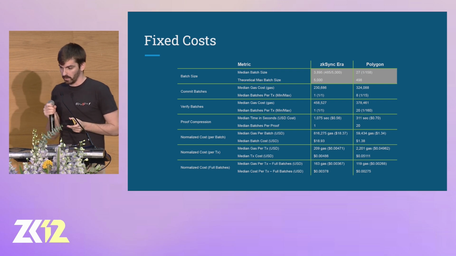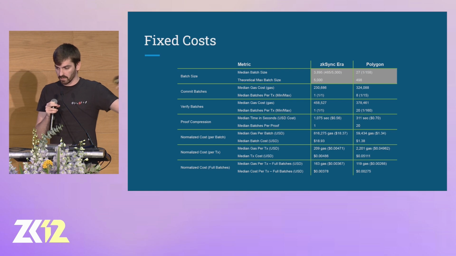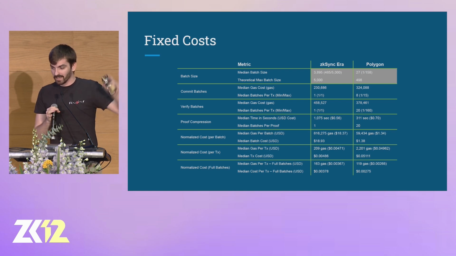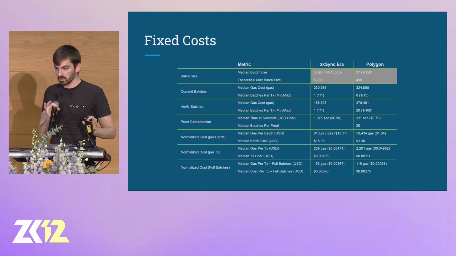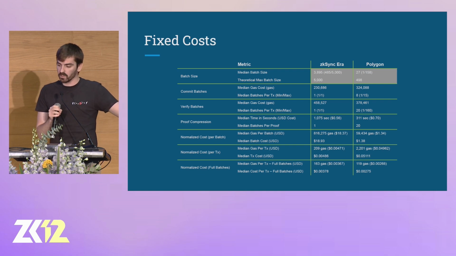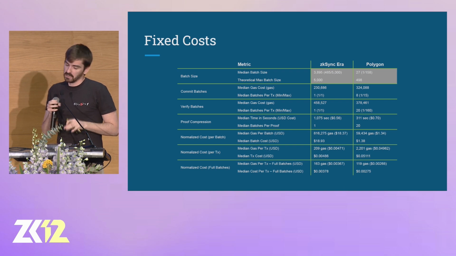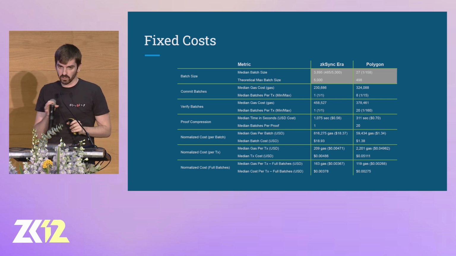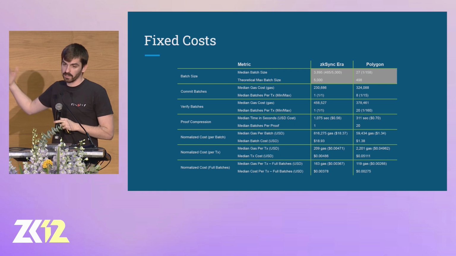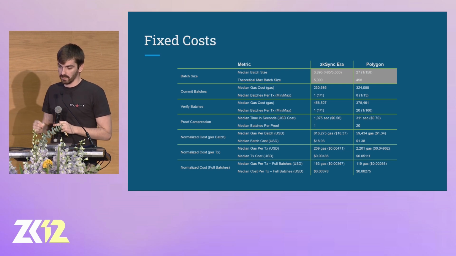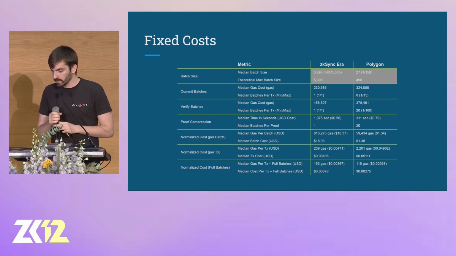So we can see that ZK-Sync batches are in terms of some thousands, whereas Polygon's are some dozens of transactions. The theoretical max batch size was at that point, maybe it has been improved, and it's also for simple ETH transfers. So if you want to do more complicated transactions, then it's much smaller.